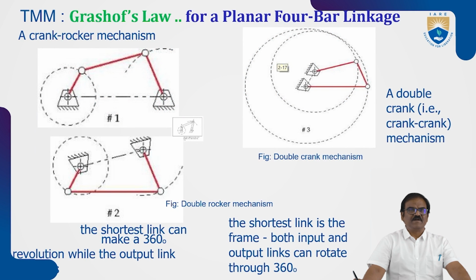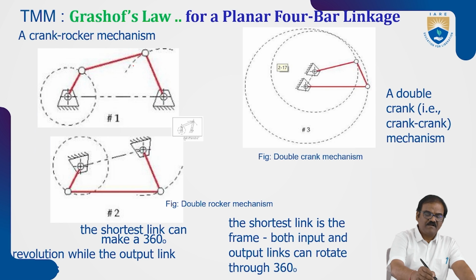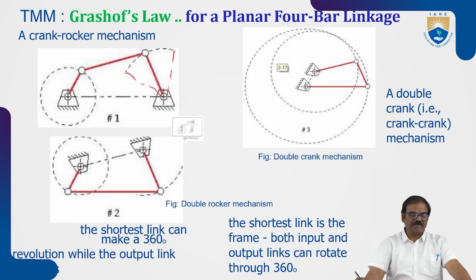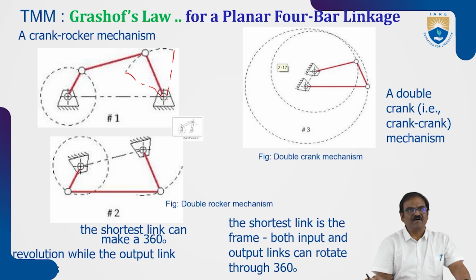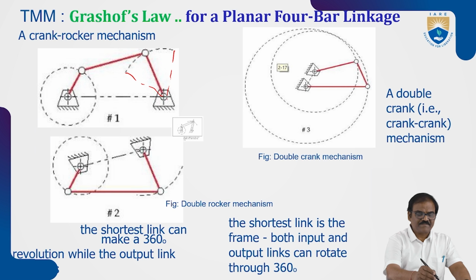In a crank rocker mechanism, in more detail, the crank rotates and the link opposite to the crank rocks from this position to this position as the crank makes a complete revolution. The shortest link can make a 360 degree revolution while the output link moves forward and backward, from one extreme position to the other extreme position.